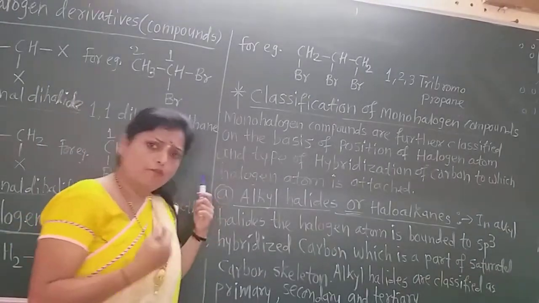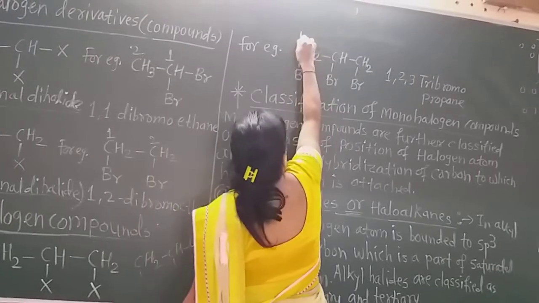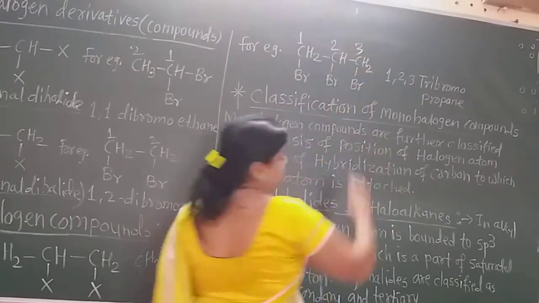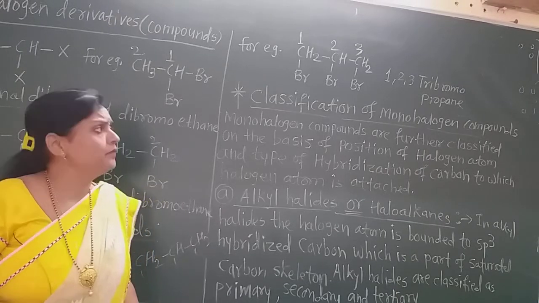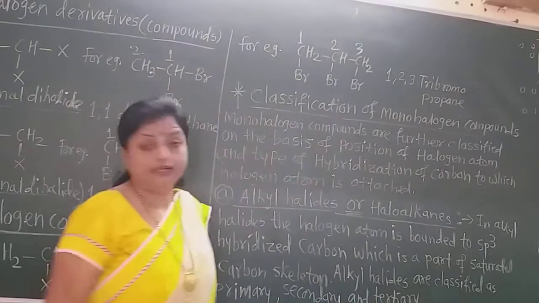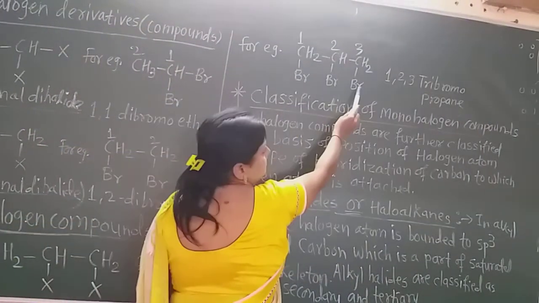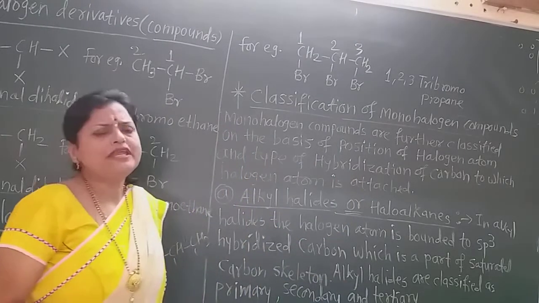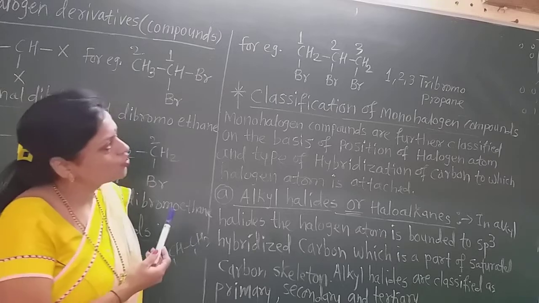So as both sides are the same, I write down here numbers 1, 2 and 3. As all the 3 halogens are similar, that is bromine, directly write down 1 2 3 numbers. And then tri means 3, and they are all bromine, so tribromo, and the parent alkane is propane, so 1 2 3 tribromo propane.